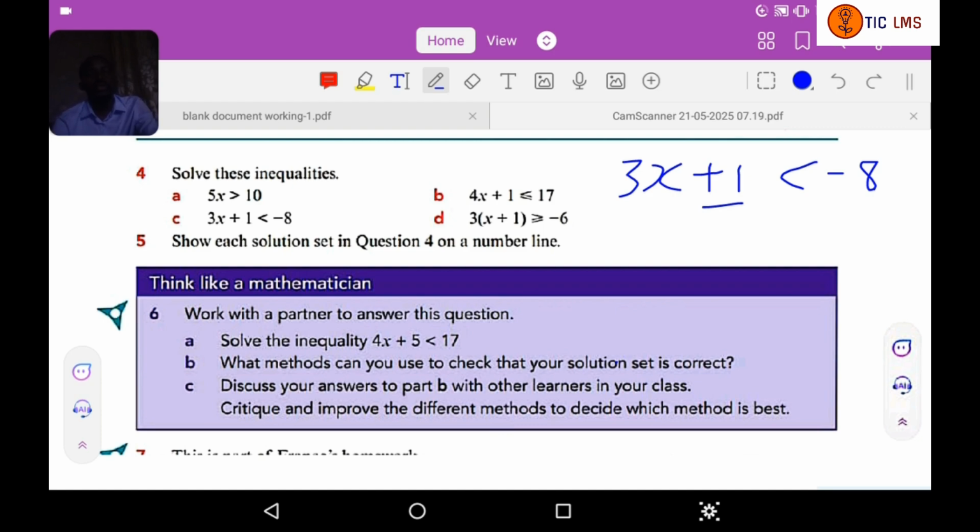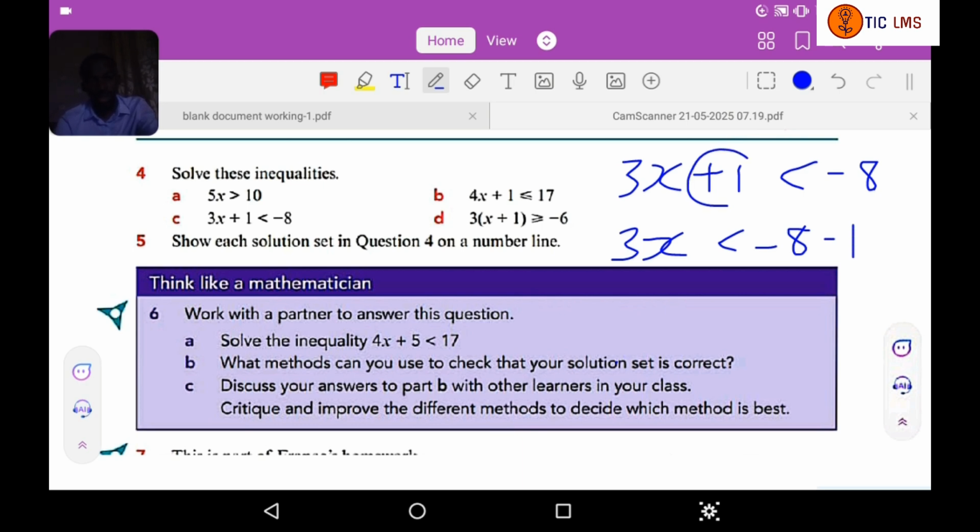So what we're going to do is take this plus 1, which is on the left hand side of the less than sign, from the left to the right. It's going to become 3x less than negative 8 minus 1.